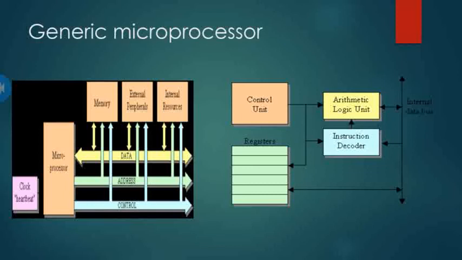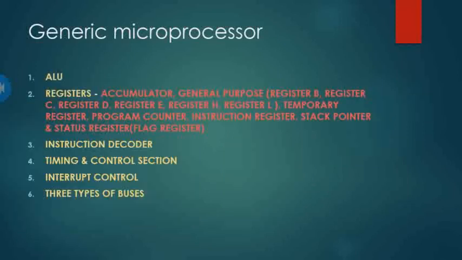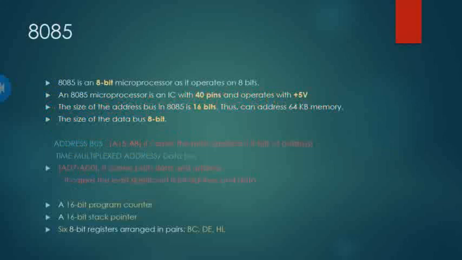As I have told you, there are so many different types of microprocessor. So this is the general structure of any microprocessor. I have explained all the general things of general microprocessor, where we have studied ALU, registers, instruction decoder, timing and control section, interrupt control and buses.